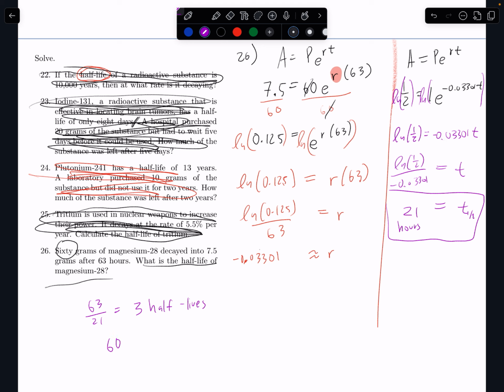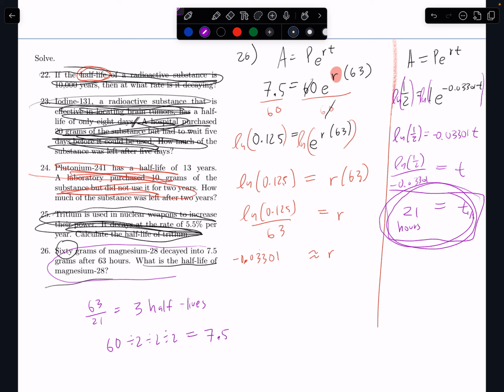That means from my starting position of 60, I should divide by 2 three times. 60 divided by 2 divided by 2 divided by 2 is exactly 7.5. So it all matches up, right? After 3 half-life periods, my initial value was divided by 2 three times. The end result is 7.5. So that means we are correct after all that work.